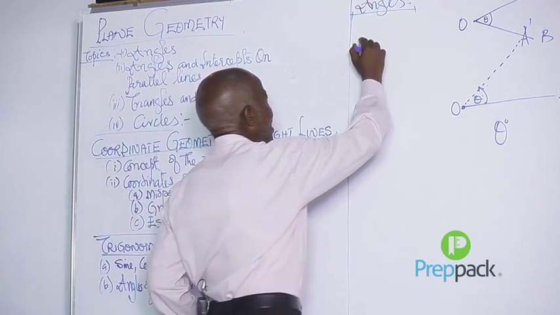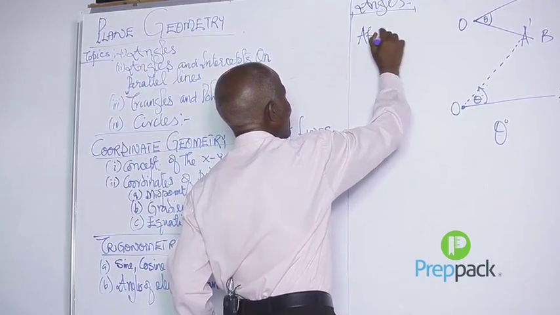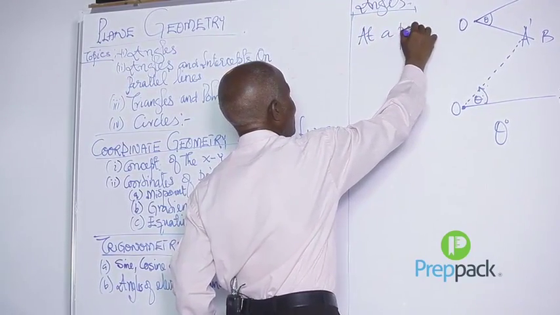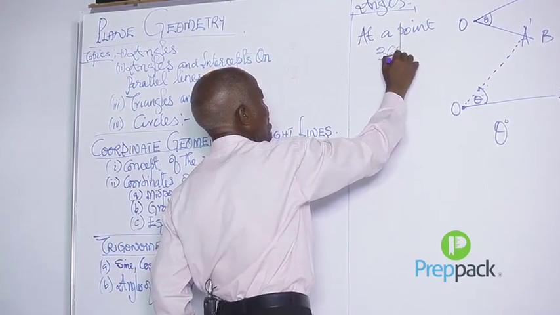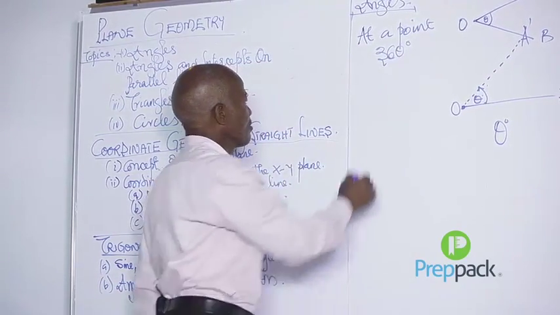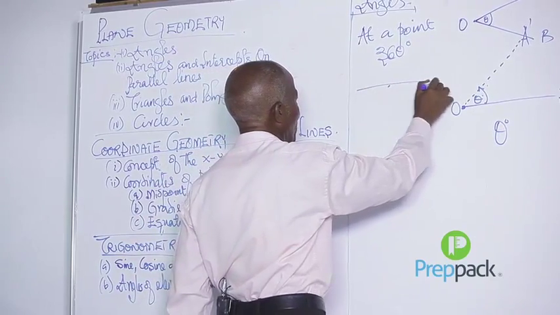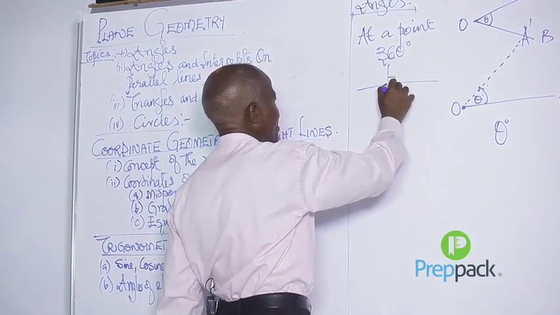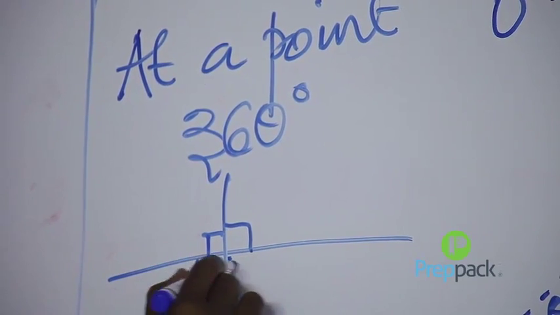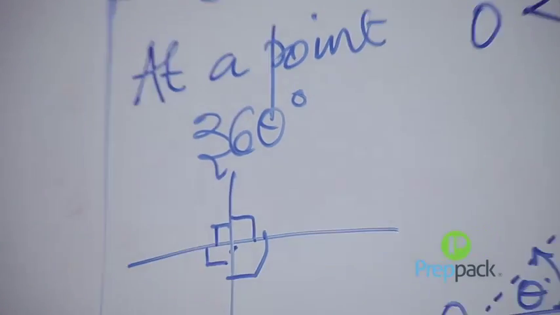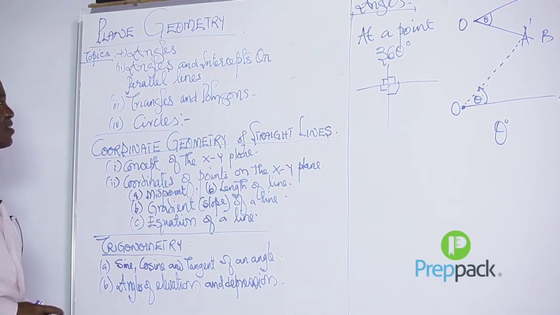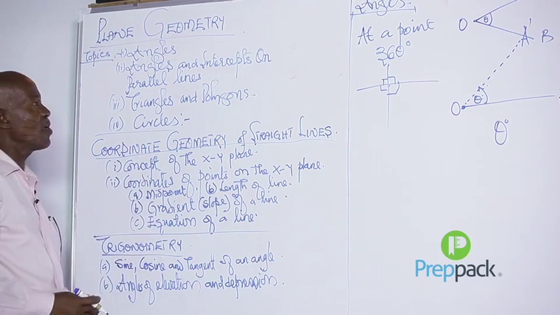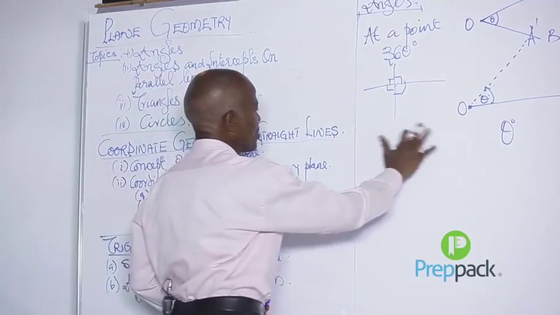We have angle at a point, the value of which is 360 degrees. If I have this, I could have this. This is 90, it's also 90, this is 90, and that's also 90. 90 times 4 gives me 360. So angle at a point is 360.